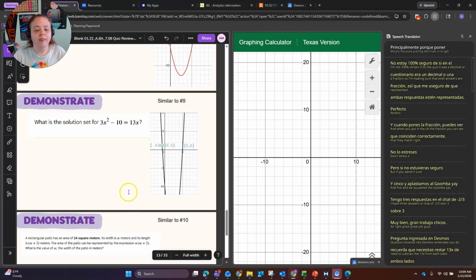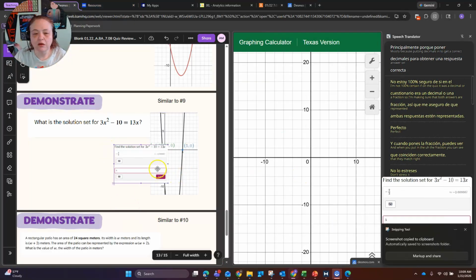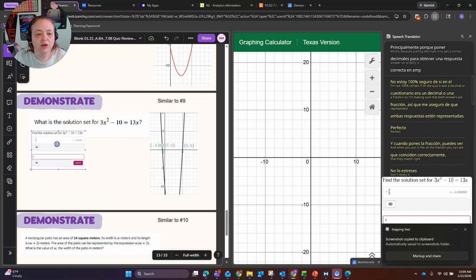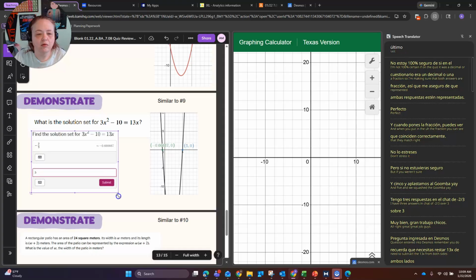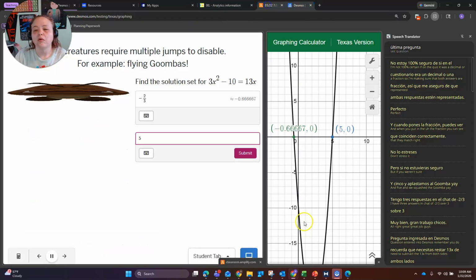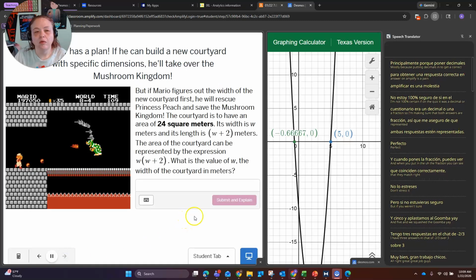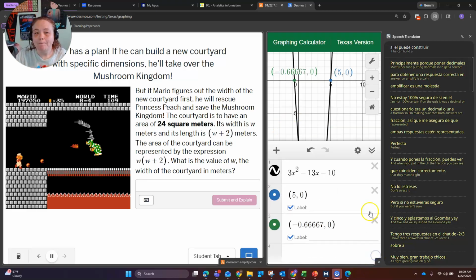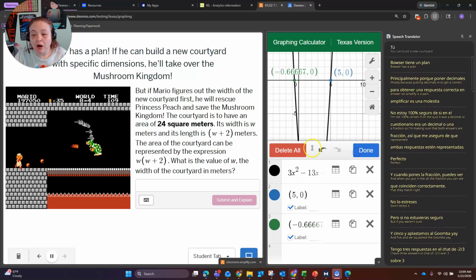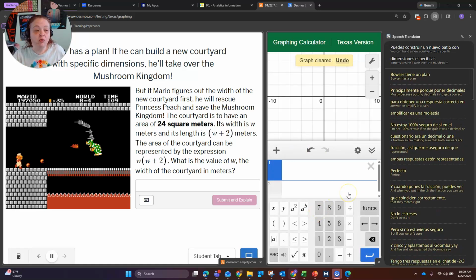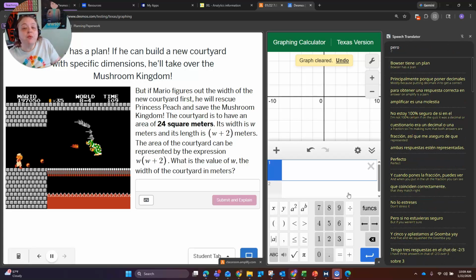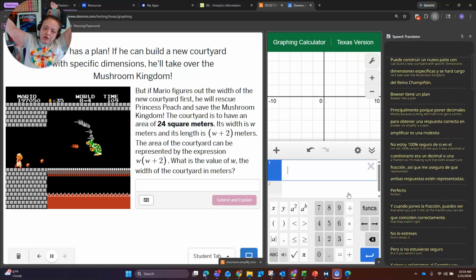All right. Last question, similar to question 10 on the quiz. Bowser has a plan. If he can build a new courtyard with specific dimensions, he'll take over the Mushroom Kingdom. But if Mario figures out the width of the new courtyard first, he will rescue Princess Peach and save the Mushroom Kingdom.